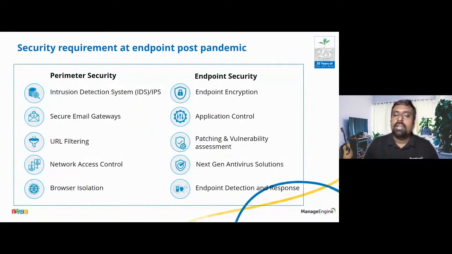They said by the end of this pandemic, 70% or more of organizations will adapt to work from anywhere, but they will still keep a small chunk of 20% or 15% at their organization, which means you will also have endpoints accessing from your offices. So you're going to have a small chunk who will be in office, and a majority chunk that's going to work from anywhere. That's exactly what their prediction was.